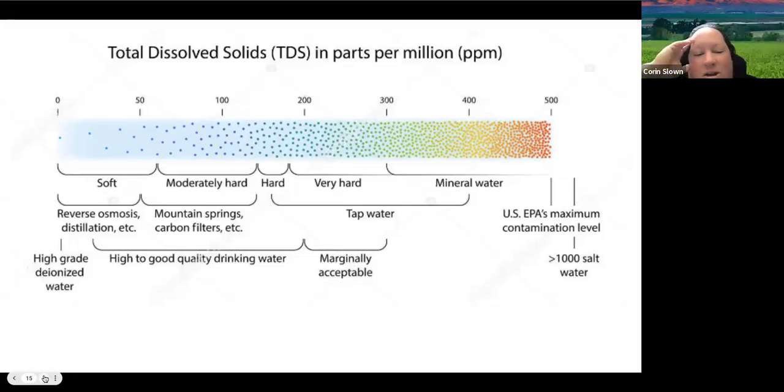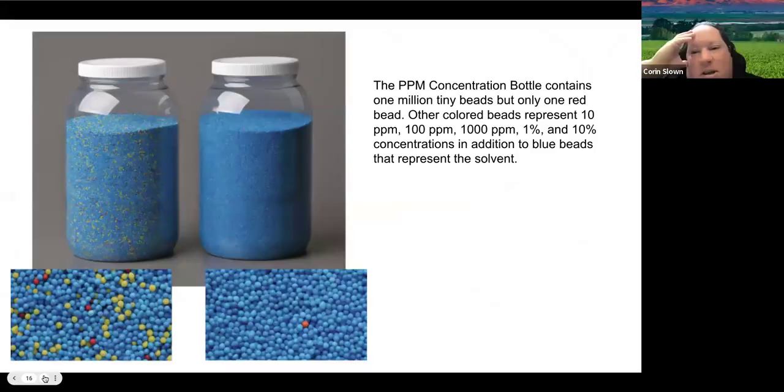I chose this because I think sometimes conceptually it's tricky for my brain to wrangle what parts per million really means. So the example here, the bottle on the right contains 1 million beads, but only one red bead. So that's an example of 1 part per million.